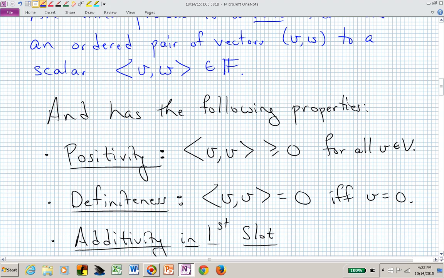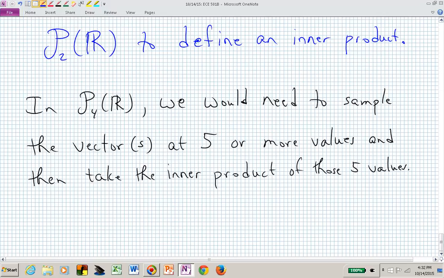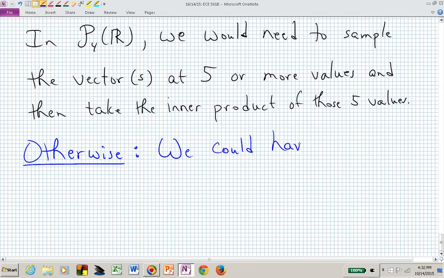If we didn't sample 3 times on a second order, we could have a 0 result for our inner product when our polynomial is not identically 0. Otherwise, we could have v comma v equaling 0. Does everybody know that notation? Without v being identically 0.